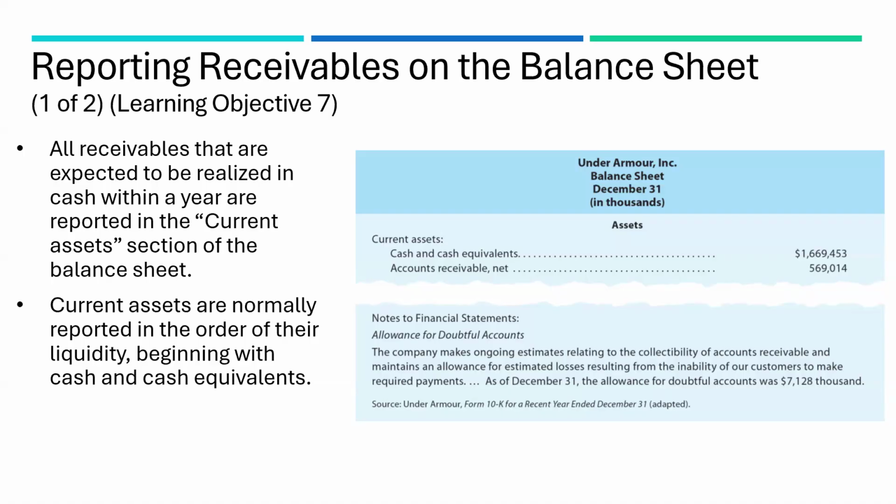And then in the notes, this is from Under Armour, the company reports its method for determining the allowance for doubtful accounts. They make ongoing estimates regarding the collectability of accounts receivable and maintain an allowance for the estimated losses. As of December 31st, the allowance for doubtful accounts was about $7 million for Under Armour.